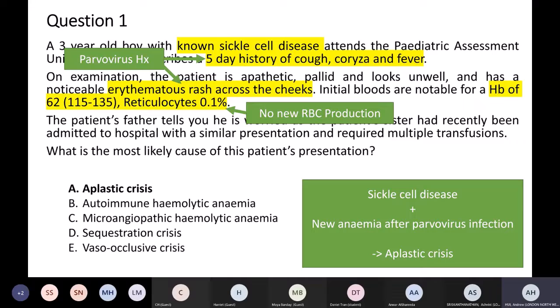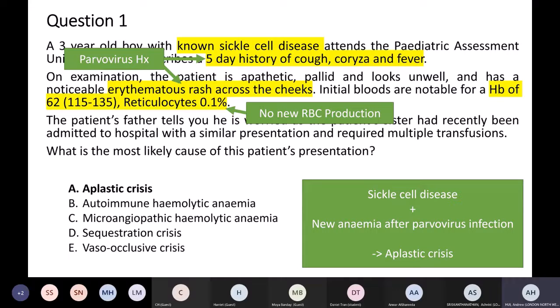That is splenic sequestration. That's often where the sickle cells block vasculature in the spleen, resulting in a very painful splenomegaly. And usually we'd have to treat that with supportive management and potentially with splenectomy.